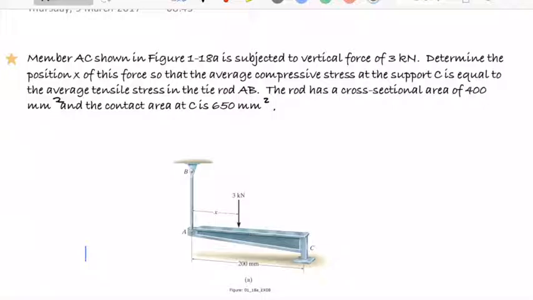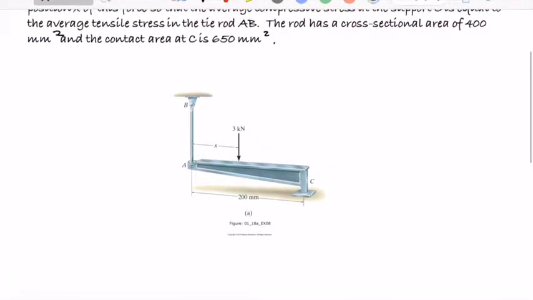So basically we need to determine the position of that 3 kilonewton force in order to have equal stress on support C and also rod AB. We're also given the cross-sectional area for the rod, which is 400 square millimeters, and the contact area at point C, which is 650 square millimeters.